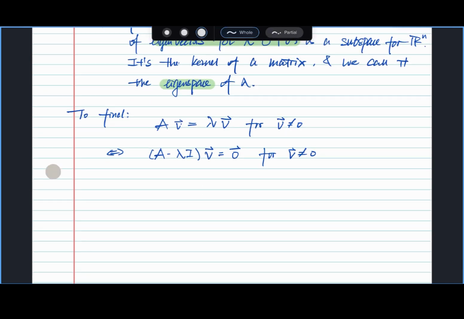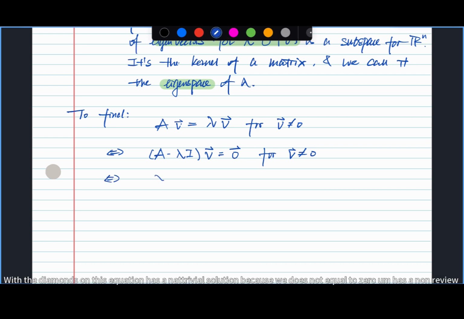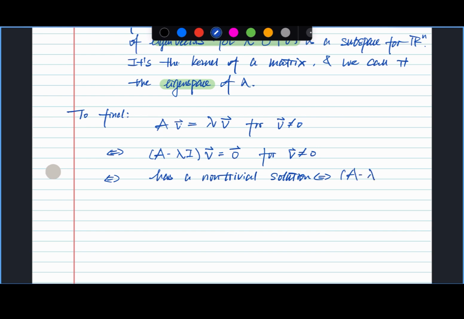Okay, then that means this equation has a non-trivial solution because v does not equal 0. If it has a non-trivial solution, then this matrix A minus lambda I is not invertible.